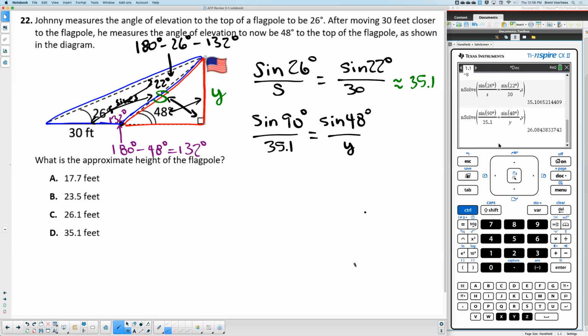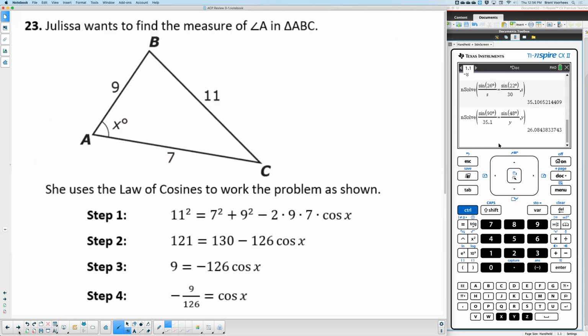Now if you can't use law of sines, if you do not have a complete set, which formula would you use instead? Law of cosines, and that's what 23 is all about. It's using the law of cosines, and you just check where they do the math right. What you could do is solve each one, see which answer choice is the first one to provide a different value.